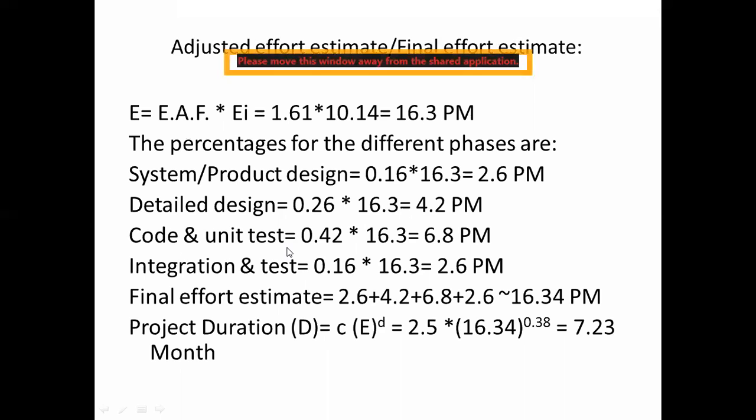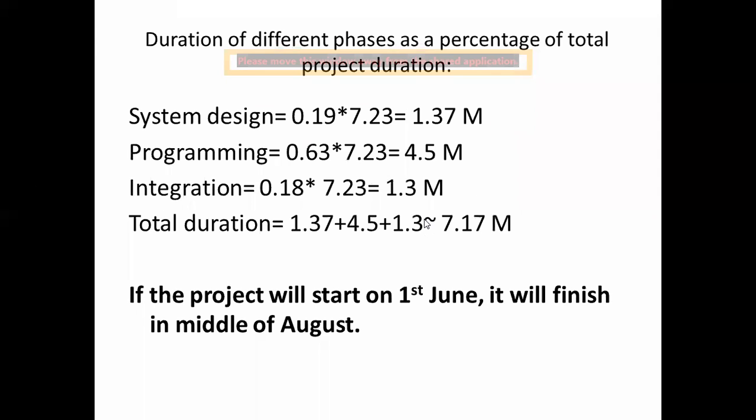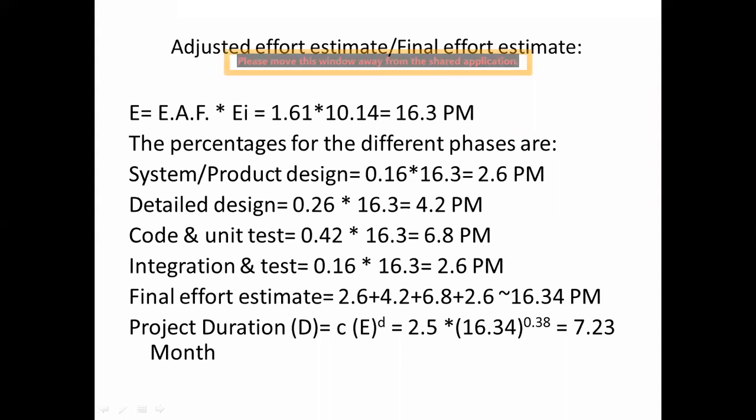Because in the phase wise distribution of the duration we have only 3 attributes, but if we calculate the phase wise distribution of effort, there are 4 phases, 4 attributes. So we add these two, because in the duration we have only 3 phases or 3 attributes.